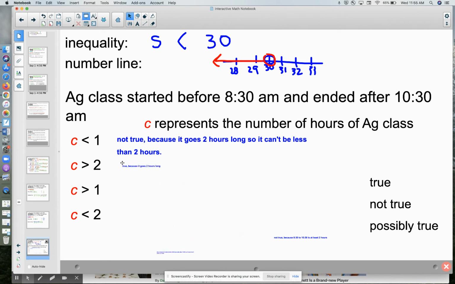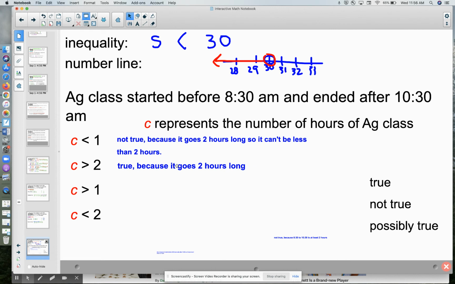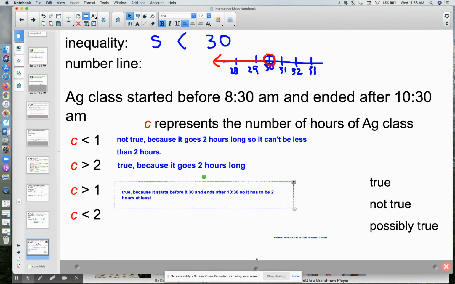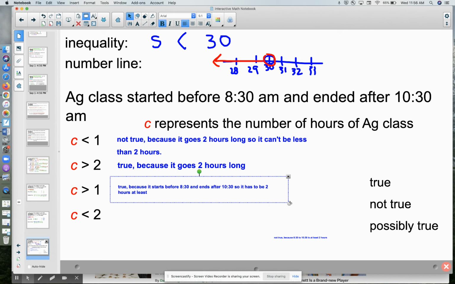Yes. It's true, because it goes 2 hours long. Okay. Do you think the class is more than 1 hour? Yes. It's true, because it starts before 8:30 and ends after 10:30, so it has to be 2 hours at least.